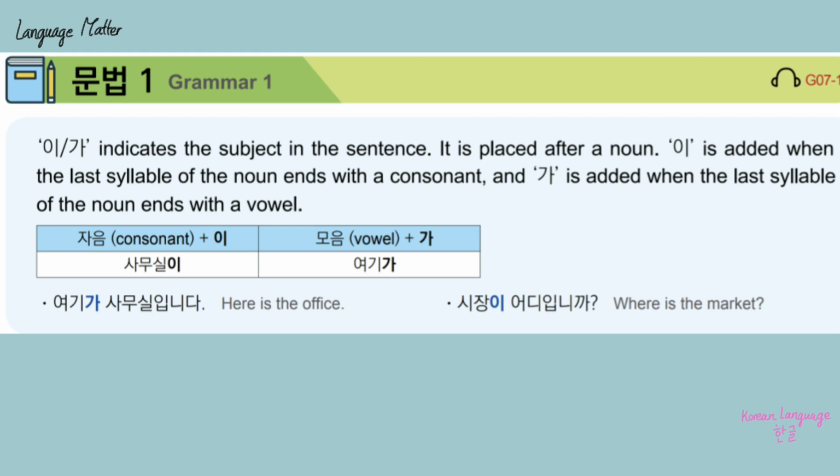So what's the subject? 시장. Great. And you know that because of the subject marker. What's that? 이. Okay, you're doing well. So one more time, there are two subject markers. What are they? 이 and 가.